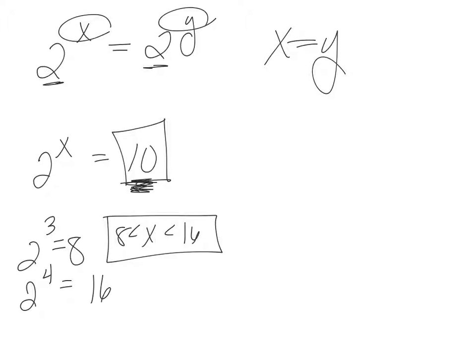Okay. What we are actually going to do, let's see, we're actually going to sort of squeeze these exponents closer and closer together until we can get pretty darn close to 10. Alright, so let's try.